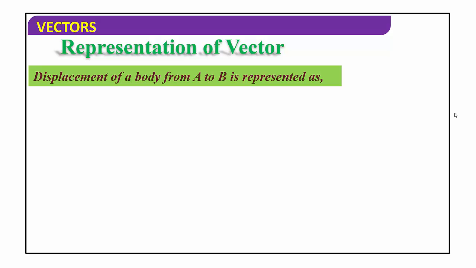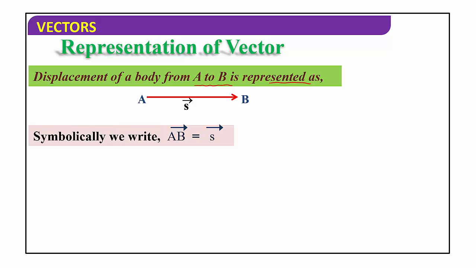Now let us consider the example of displacement. Displacement is a vector quantity because it has both magnitude and direction. So we can consider the displacement of a body from A to B. You can observe this diagram, A to B. That gives displacement, and we know that displacement is denoted by the letter S. We have to write an arrow mark on the letter S that represents a vector quantity.